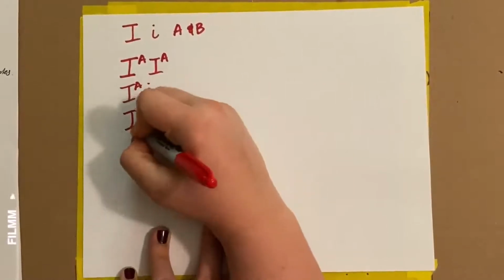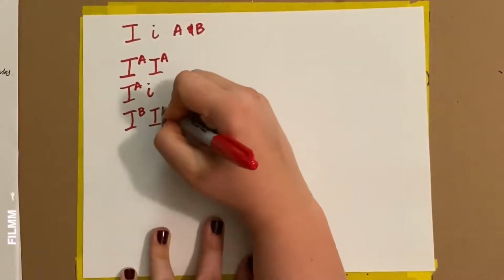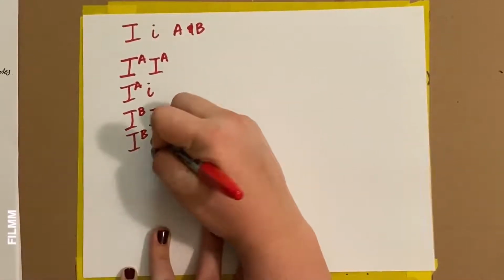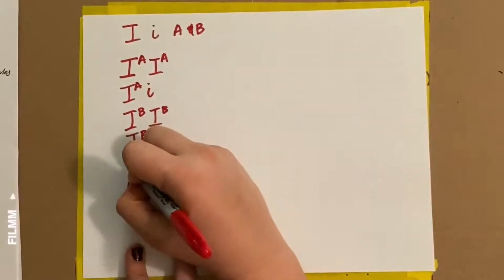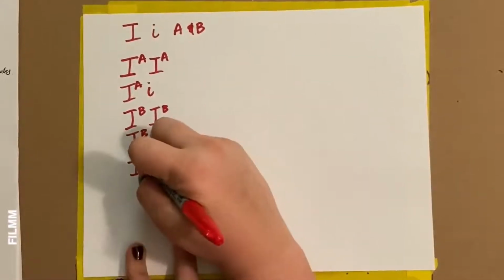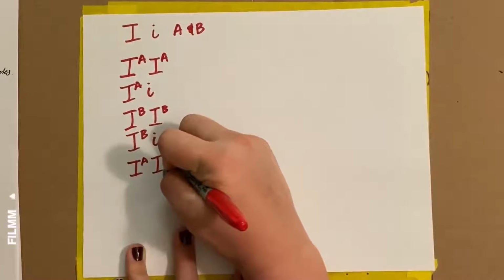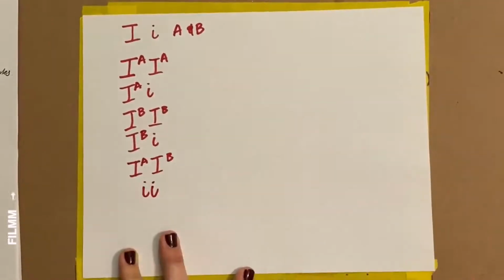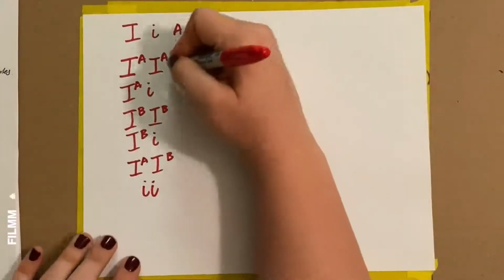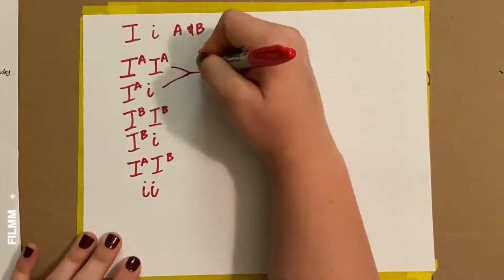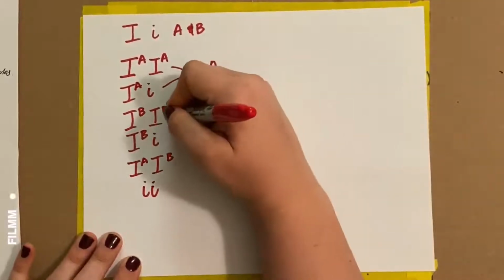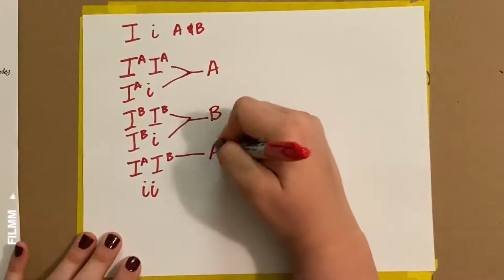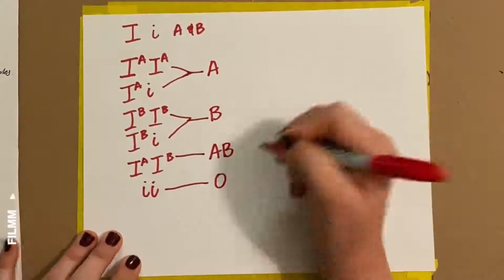For B, you can have 2 I-B's, or I-B with little i. For AB, there's only one possible combination. And then for O blood type, this is your genotype. These two both have A blood type, these both have B blood type, this one is AB, and this is O.